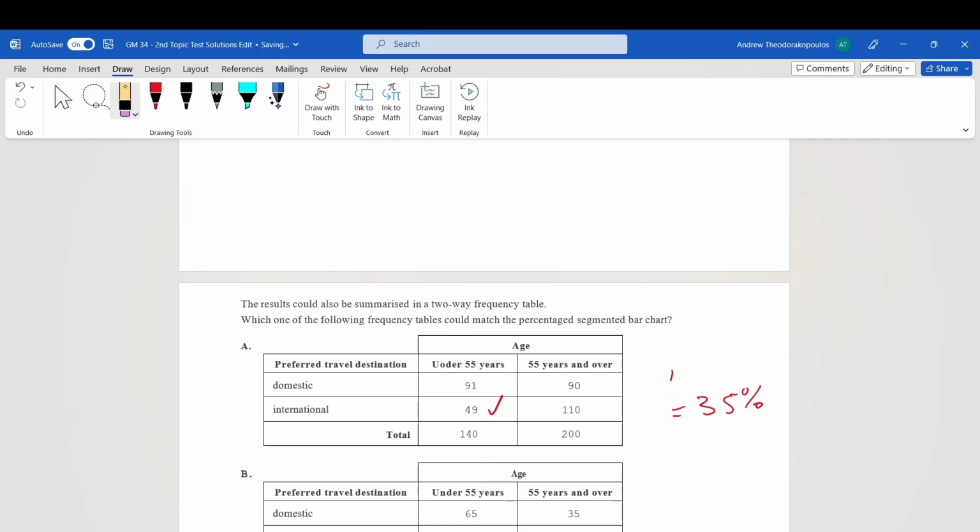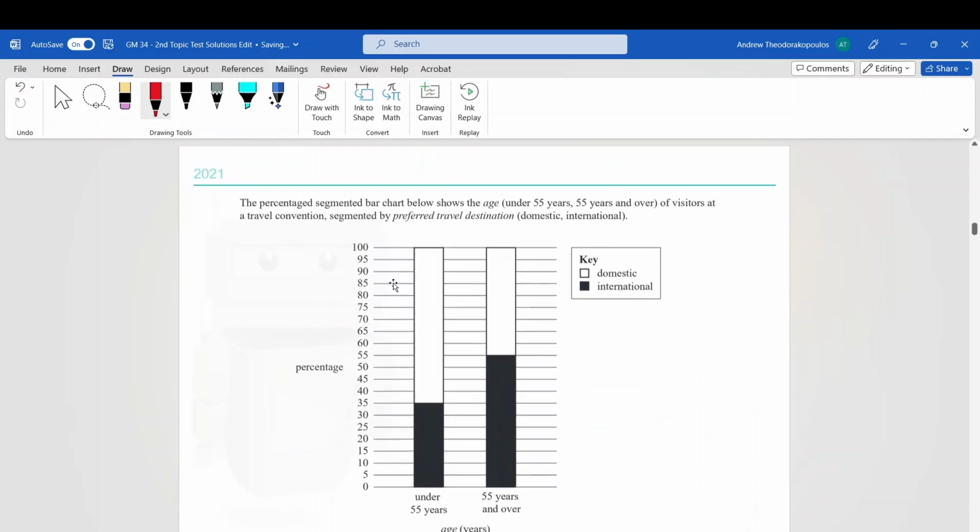Then what I want you to do is check all the other four. So 91 divided by 140 times 100 should get you 65. Now if we scroll back up here, we'll see that from this point to this point is 65. Even though it doesn't actually say it on the sides here, between 35 and 100 is 65%, because that's 65 and that is 35.